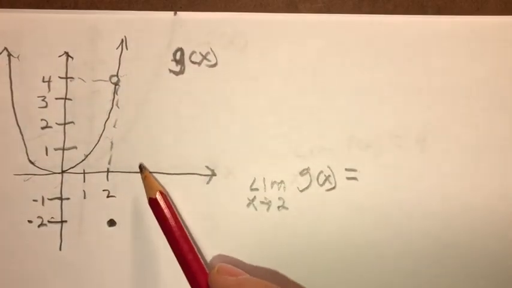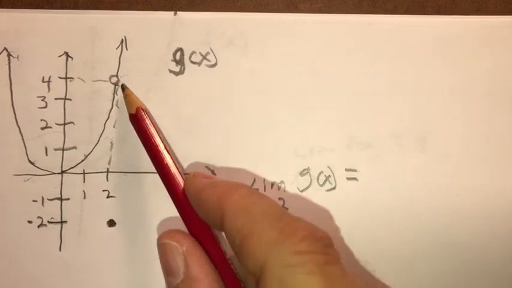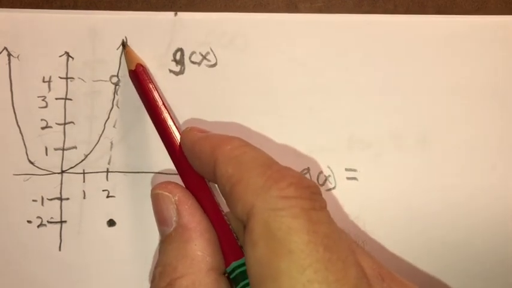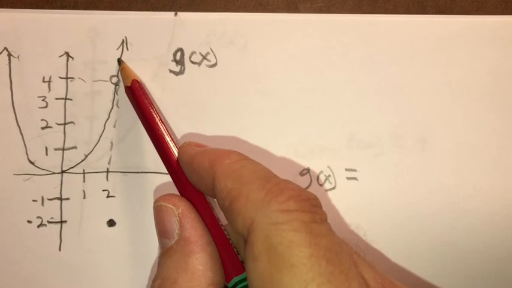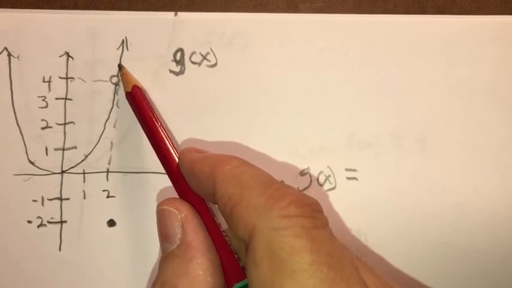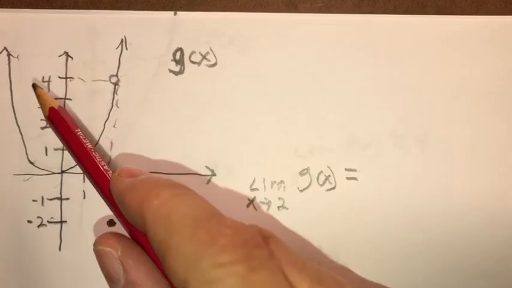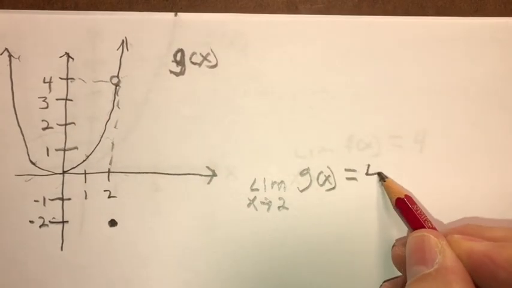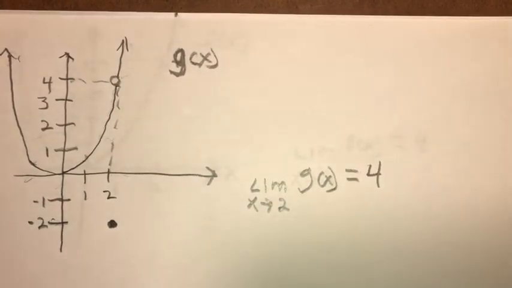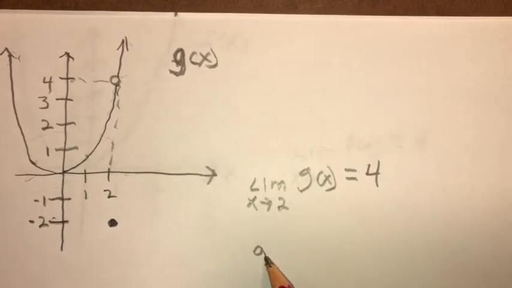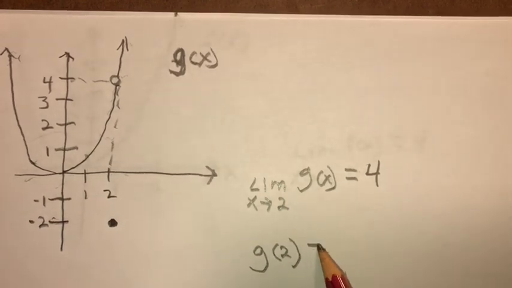So now if I get on the function from the right-hand side of 2, which puts me up here, and I start surfing towards x equals 2, but I have to stay on the function, what y value am I approaching? Well, I'm still approaching 4, so this limit is still 4. Even though the value of the function g of 2 is not 4.